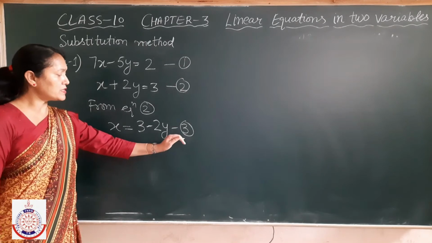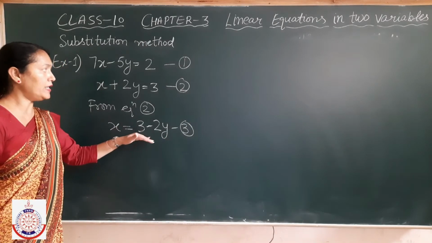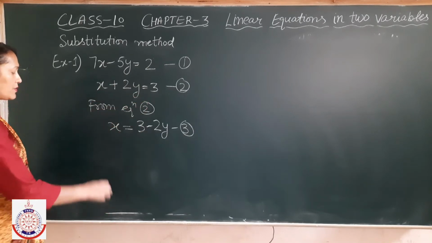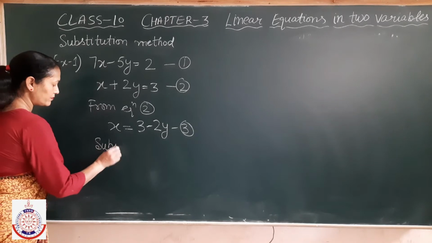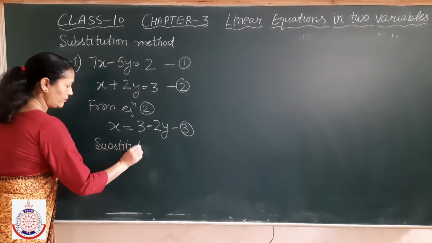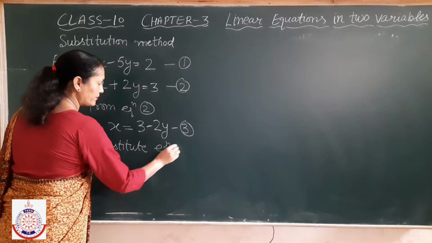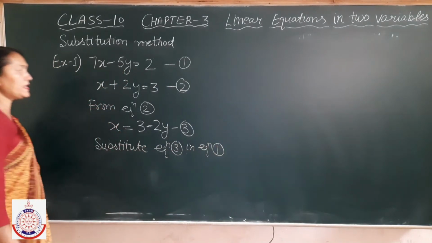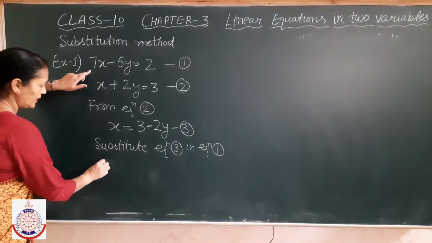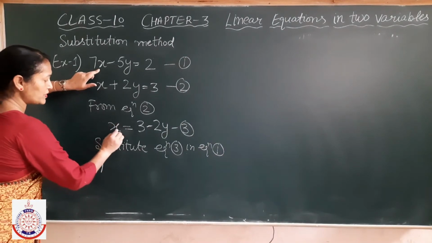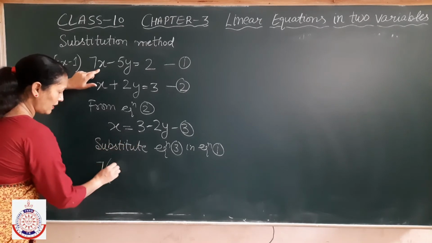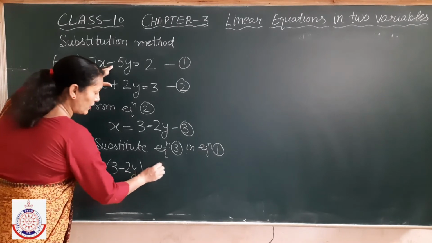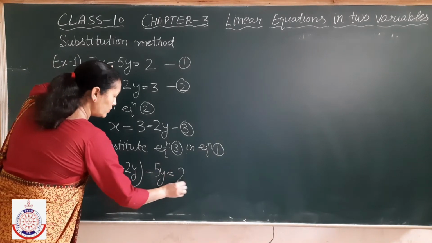Now substitute equation number 3 in equation number 1. In place of x, we substitute 3 minus 2y, and minus 5y is already there, equals 2.